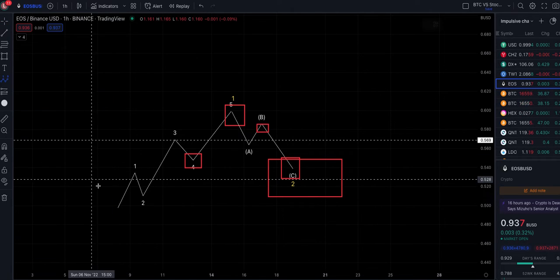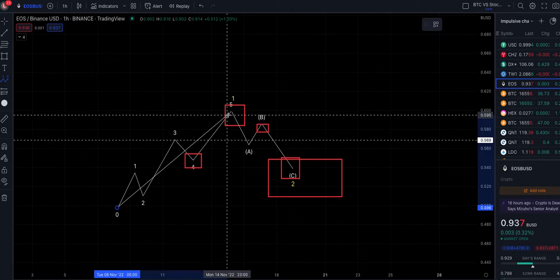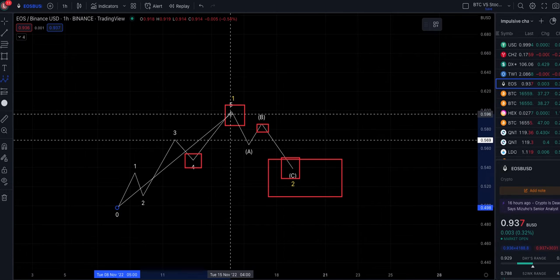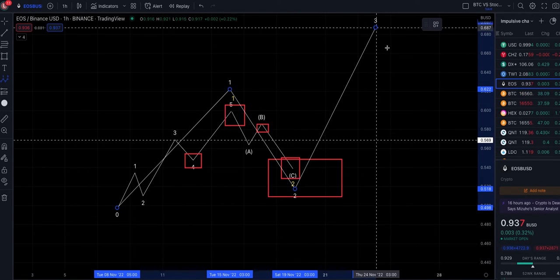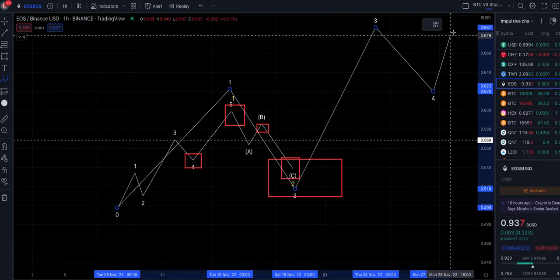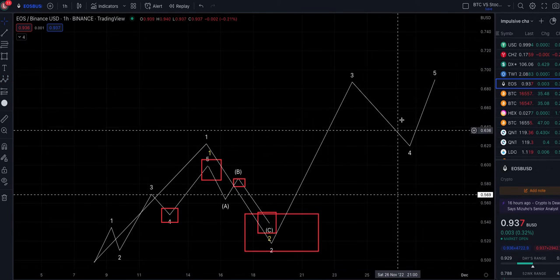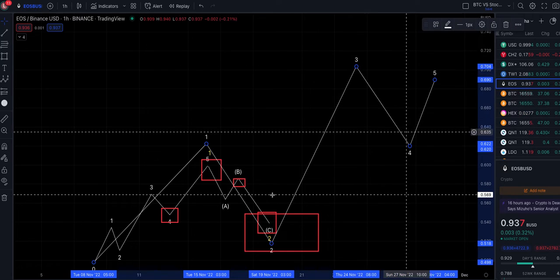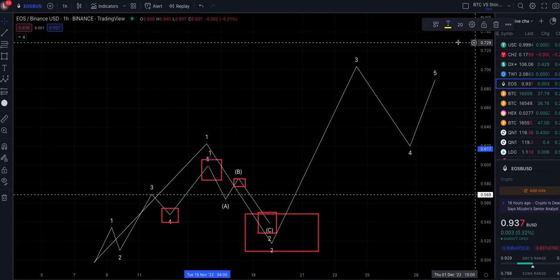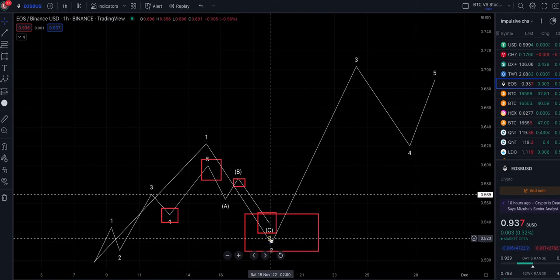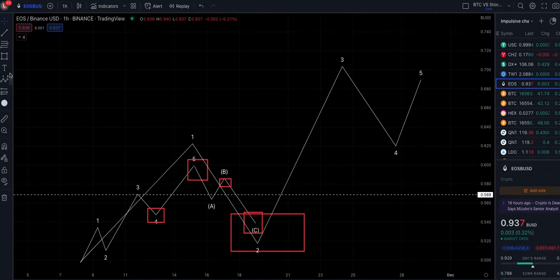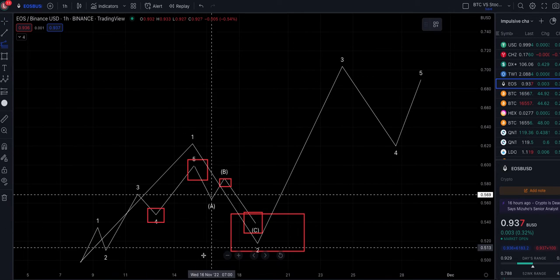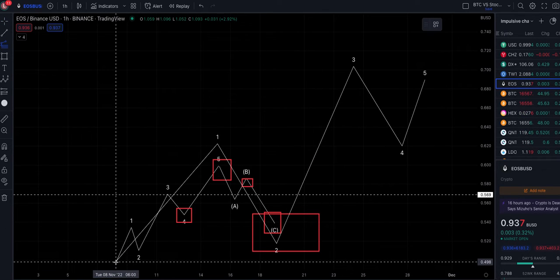So then you would go like this from the wave 1 measure. Oh no, what am I doing here? So that would then be the wave 1, the wave 2, then you get a 3, a 4, and a bigger wave 5 up. Let me get rid of that. And then you can actually do a price target for this bigger move.